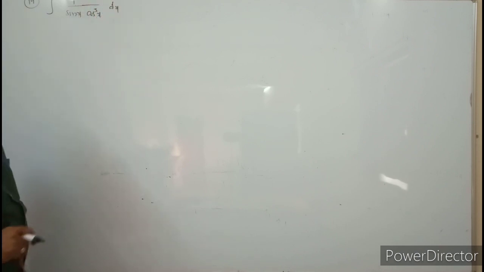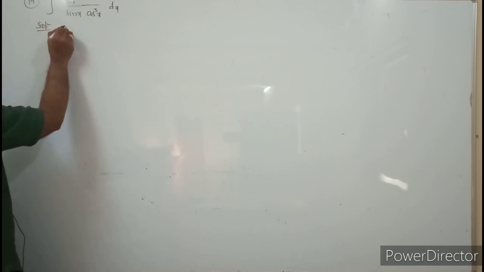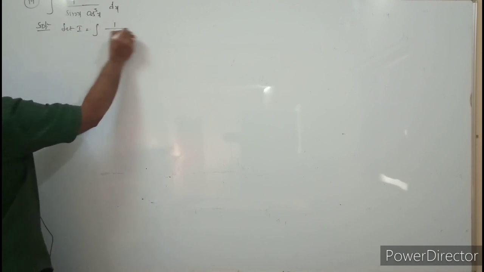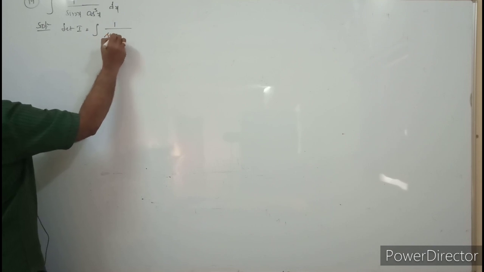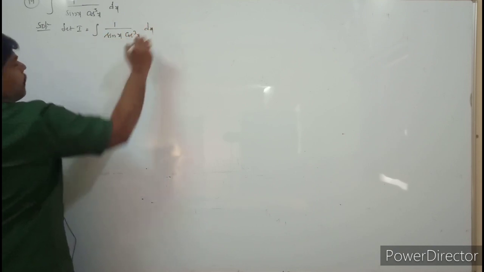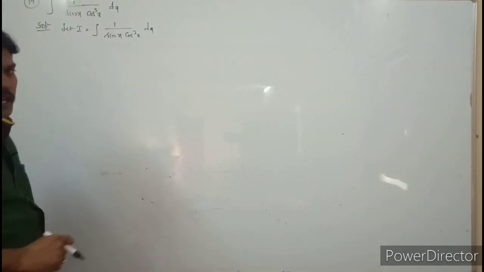So see the solution for this question, students. Take the problem as I first. Let I is equal to integral of 1 by sin x into cos cube x into dx.